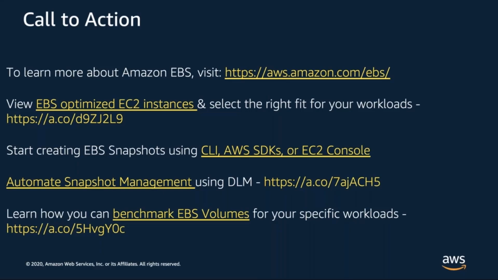You can further lifecycle manage the snapshots using Data Lifecycle Manager, DLM, and expire aged snapshots based on your business requirements, and then learn how you can benchmark some of these EBS volumes for your specific workloads. The reference provided here will give you some of the tools that we have documented on these pages.